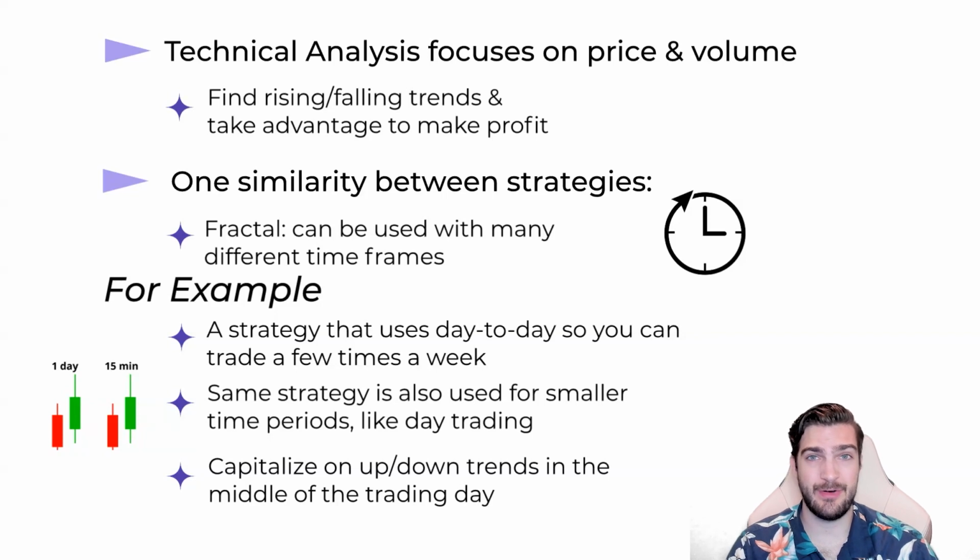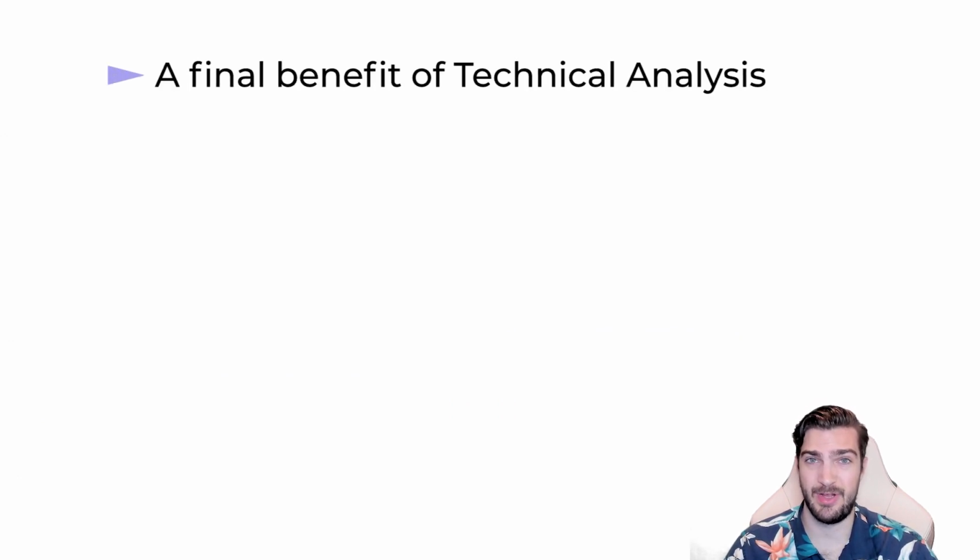Whether you're a day trader, swing trader, or just trying to get more active in the market, technical analysis has lots to offer us in terms of giving us options and flexibility to trade different securities at different points in time. There is one final benefit of technical analysis that I feel like is worth mentioning.